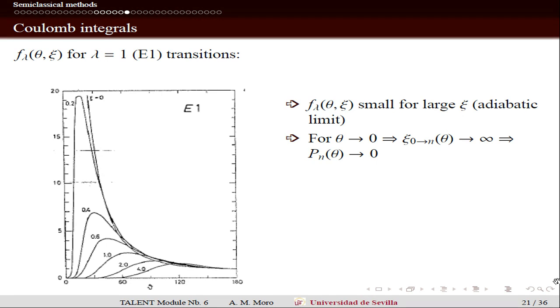And this can also be understood from the fact that the adiabaticity parameter is a quantity that depends on the scattering angle. Remember that we did a general definition depending on the scattering angle. So for scattering angles tending to 0, if you go back to this expression, the adiabaticity parameter tends to infinity in principle in the equations. And again, we have the situation in which the probability goes to 0 because we have a very large adiabaticity parameter.